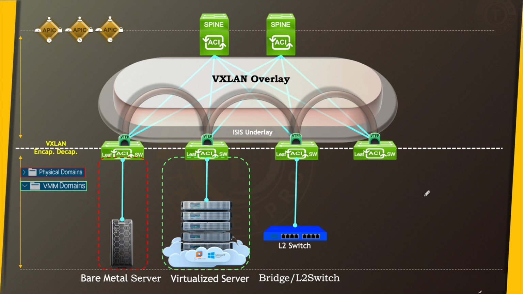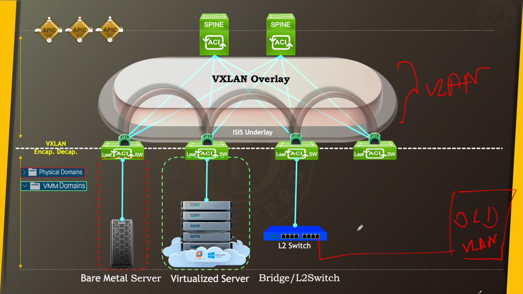Why L2 switch? Because this section doesn't understand the VLAN, right? But if you have any legacy or old data center or old network which works in a VLAN environment, but wants to communicate with your new ACI infrastructure, in that case the extension is needed.